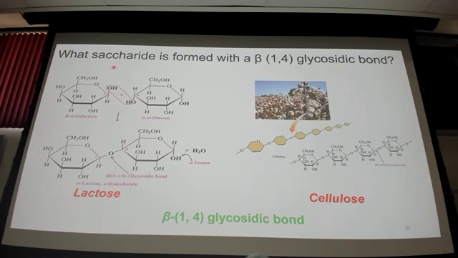since this is a beta isomer of galactose, right? The OH is on the top, right? That's the beta isomer. And so this beta isomer is the only anomeric carbon in the bond.